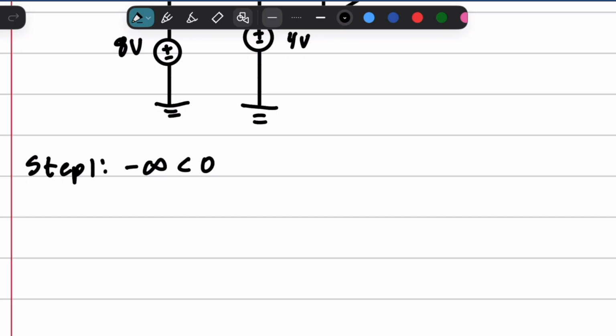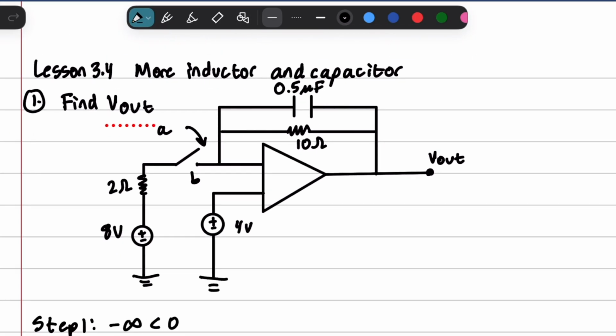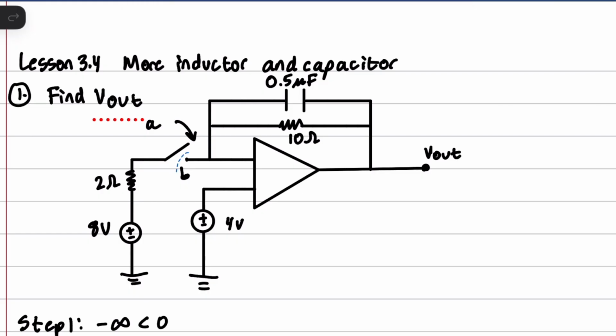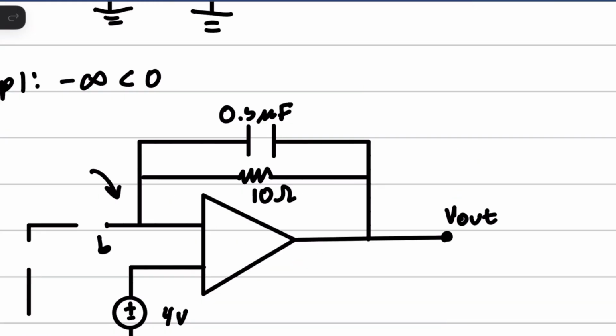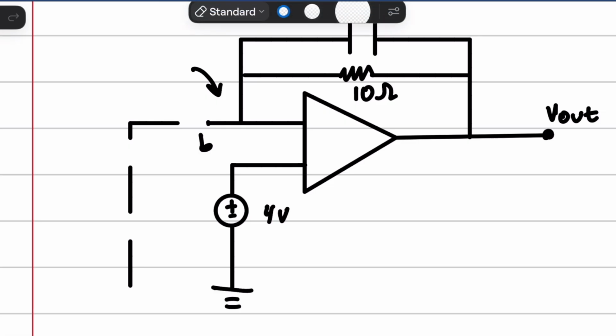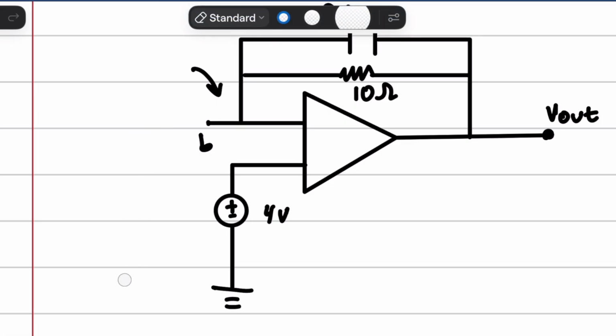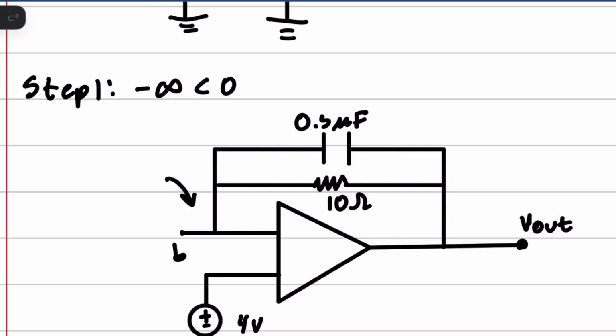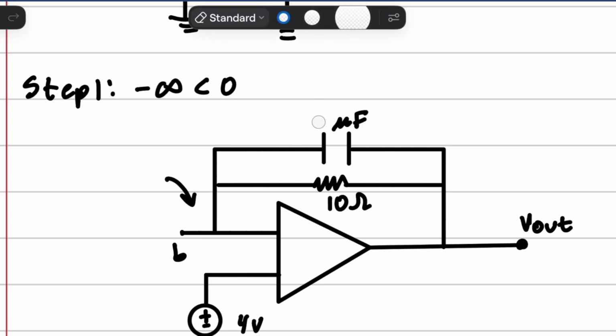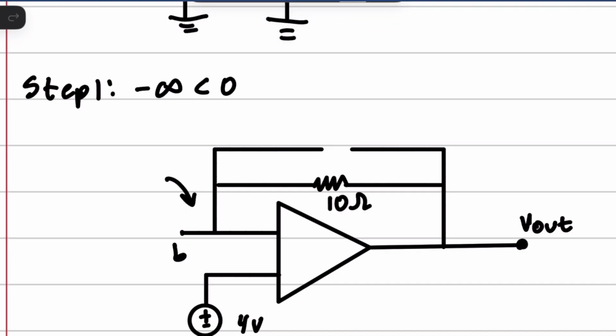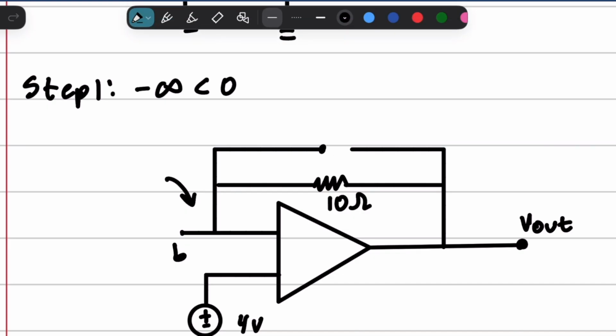So we're going to go ahead and redraw the circuit, and I think I'm just going to copy and paste this. Remember, the switch is open, so this entire branch is gone, and it's in this DC environment for a good while, so this capacitor is just nothing.